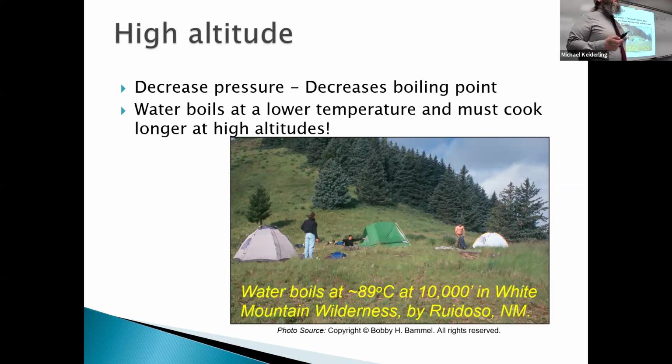So in cookbooks, you might see corrections for recipes for high altitude. You have to boil an egg longer, things like that. So water at 10,000 feet in White Mountain Wilderness in Modesto, New Mexico, water boils at 89 degrees Celsius. And if you pump out the air enough, you can make water boil at room temperature.